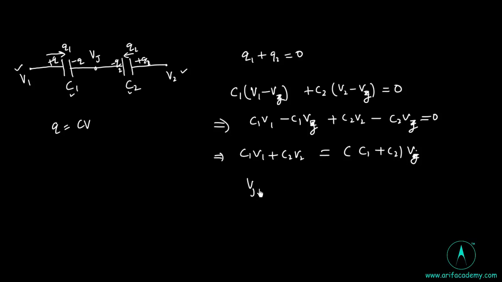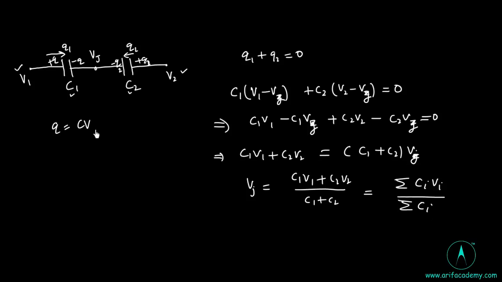So Vj equals (C1 V1 plus C2 V2) upon (C1 plus C2). This can be written as summation of Ci Vi upon summation of Ci. So this can be extended for 3 capacitors as well.